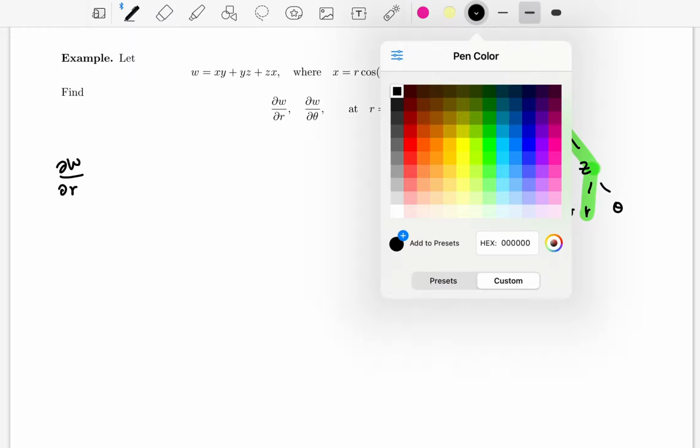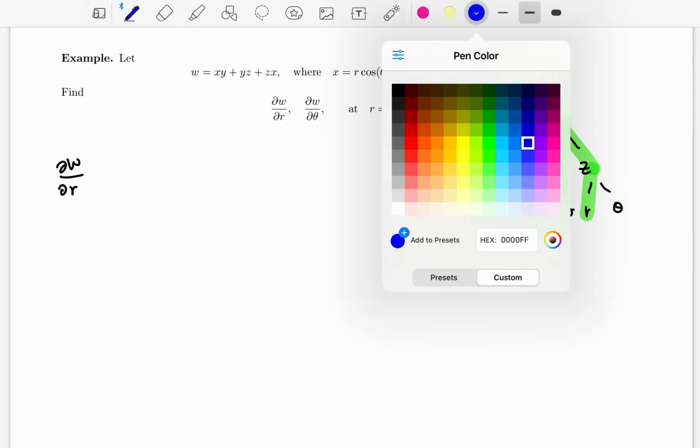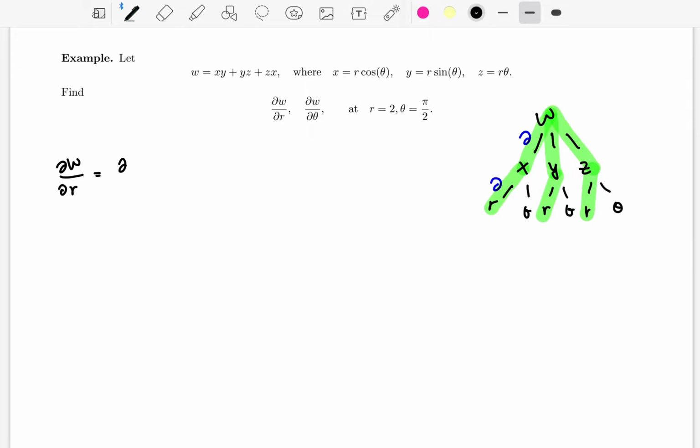So this is equal to the partial of w with respect to x times the partial of x with respect to r, plus the partial of w with respect to y times the partial of y with respect to r, plus the partial of w with respect to z times the partial of z with respect to r, and we're done with my dw/dr.